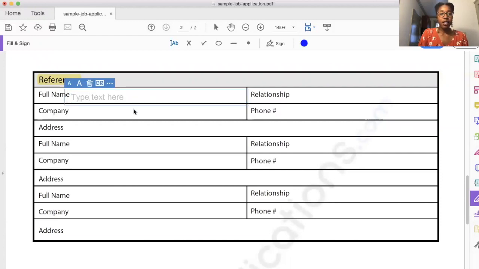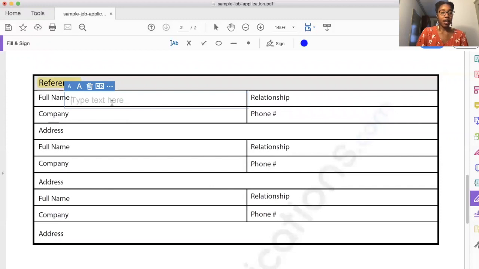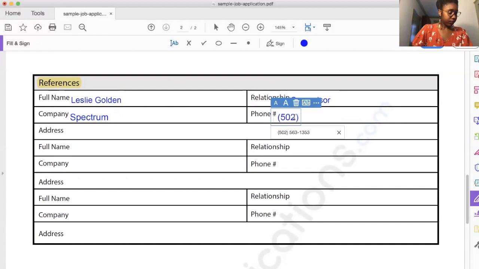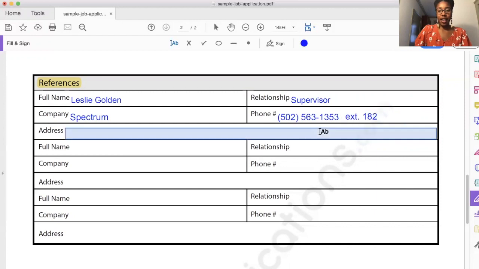So maybe Sarah will say her supervisor's name. So we will say Leslie Golden. Relationship, supervisor. Company, Spectrum. Phone number 502-563. Remember, this is the phone number of Spectrum, but we will put the extension for Leslie, extension 182.